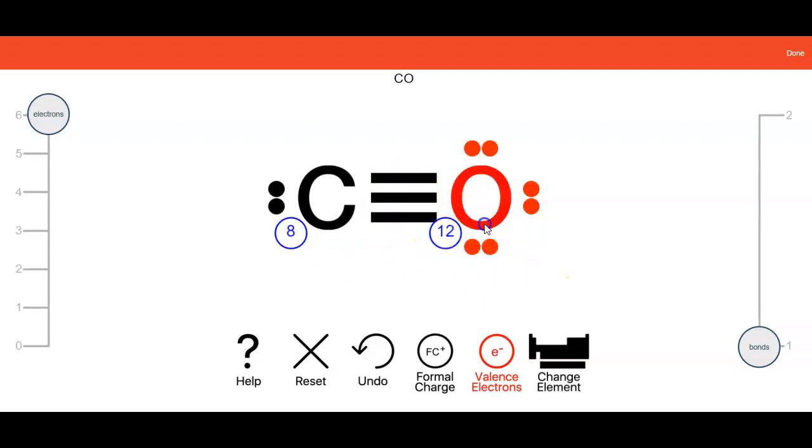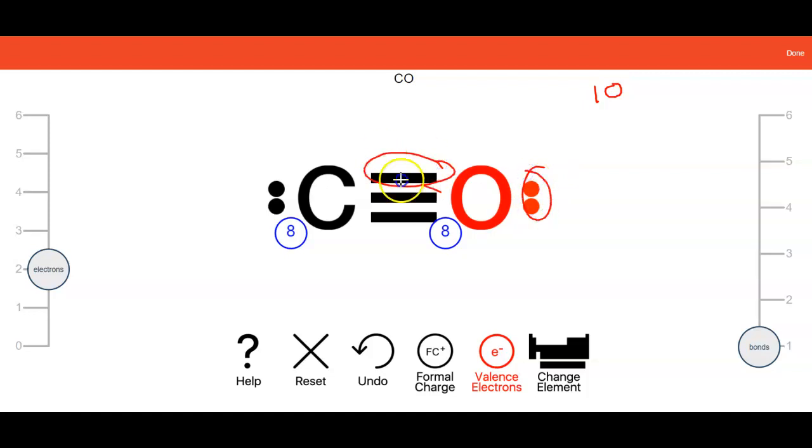This is not right, so I need to change my electrons here. Now I'm going to check, remember I need to have 10 valence electrons. 2, 4, 6, 8, 10 valence electrons, octet 8, all set.